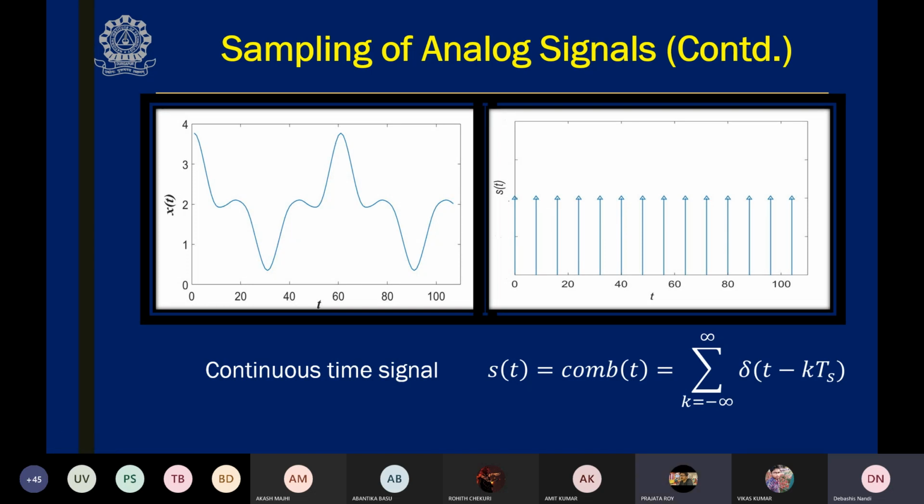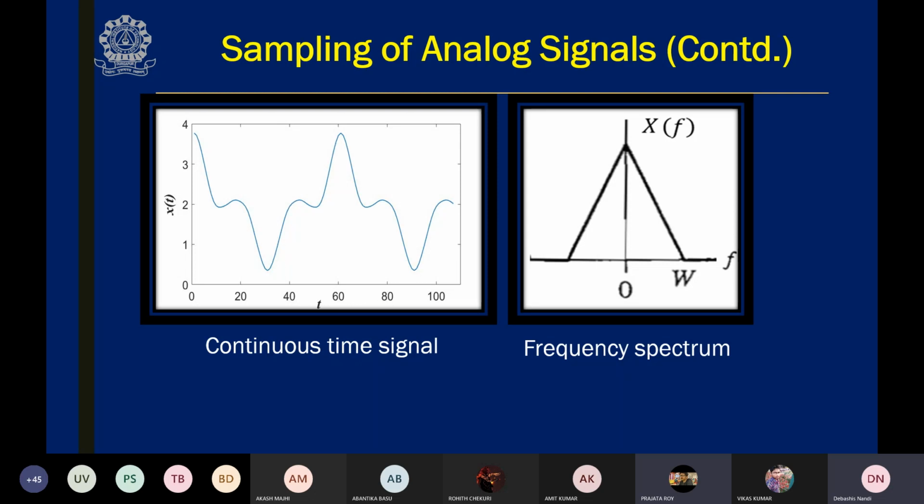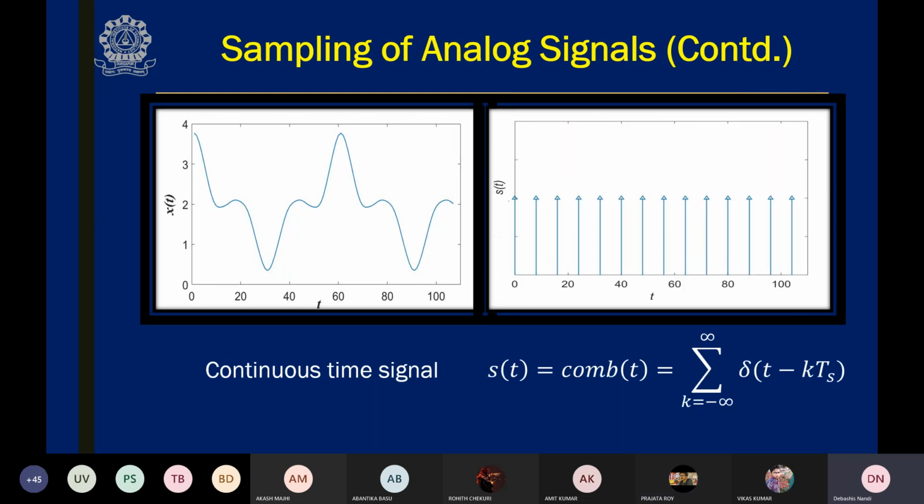Here, if I want to find out the condition, the critical value of the distance between two successive samples, the distance between two successive samples is actually called Ts, the sampling period.